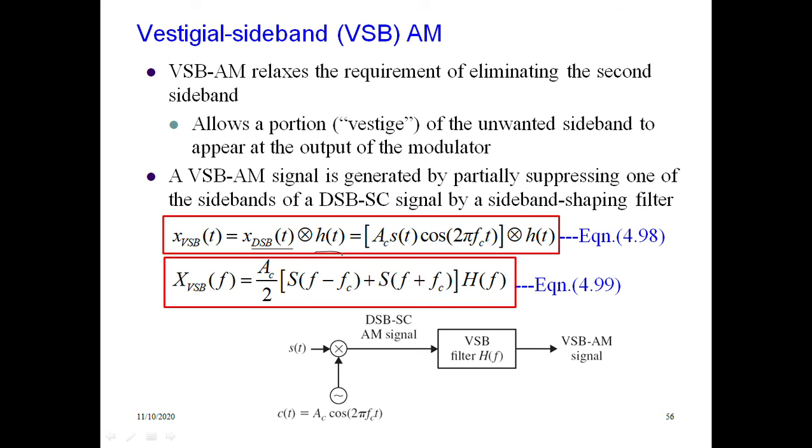So we play around with this filter. As you can see here in the block diagram, for the DSB-SC, put a filter here and it will become VSB-AM. But just now we also saw that SSB also uses this filter, so the output will be more or less the same.